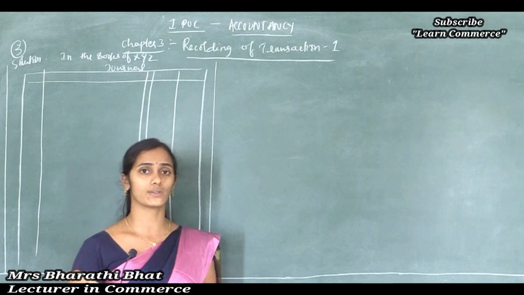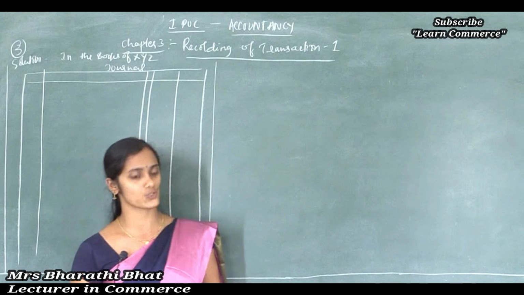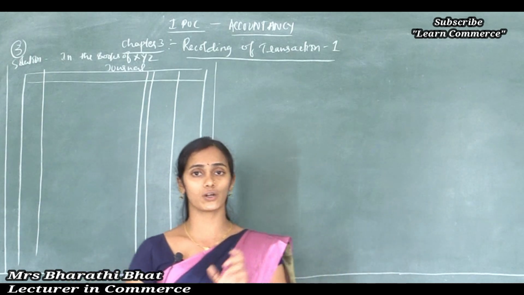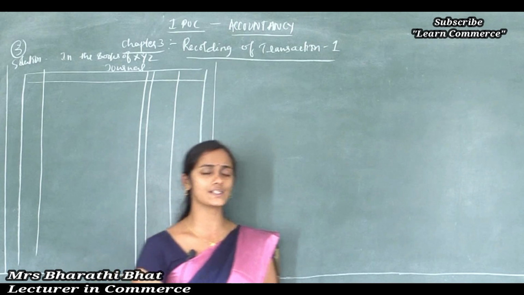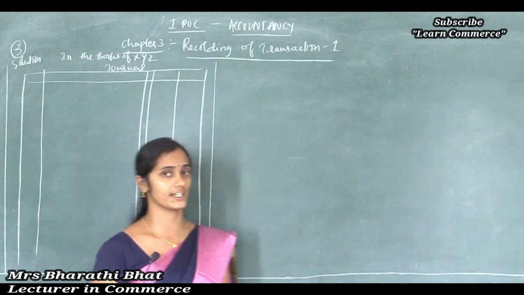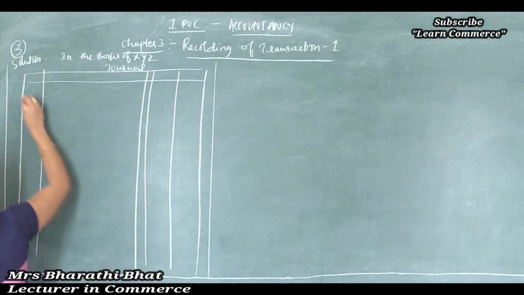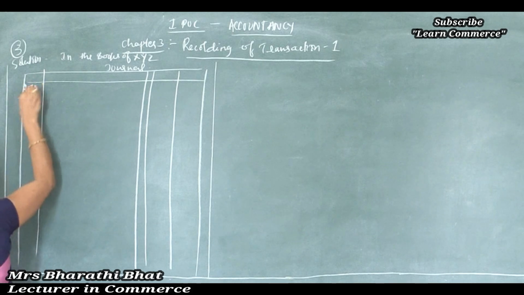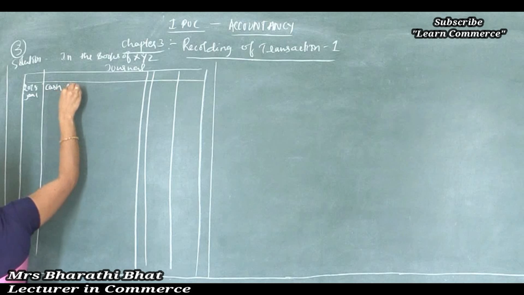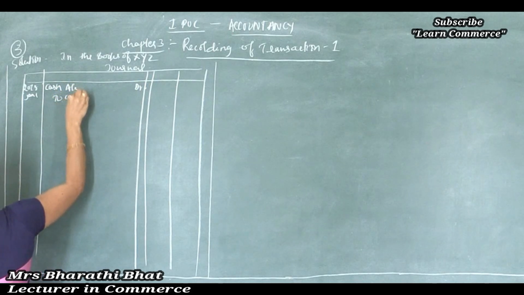So business started with the cash affected two different accounts, one is cash account and another one is capital account. So according to the rules, increase in asset is to be debited and increase in capital is to be credited. So we should write the debit aspect in the first line. So 2018 January 1st, cash account debited to capital account.